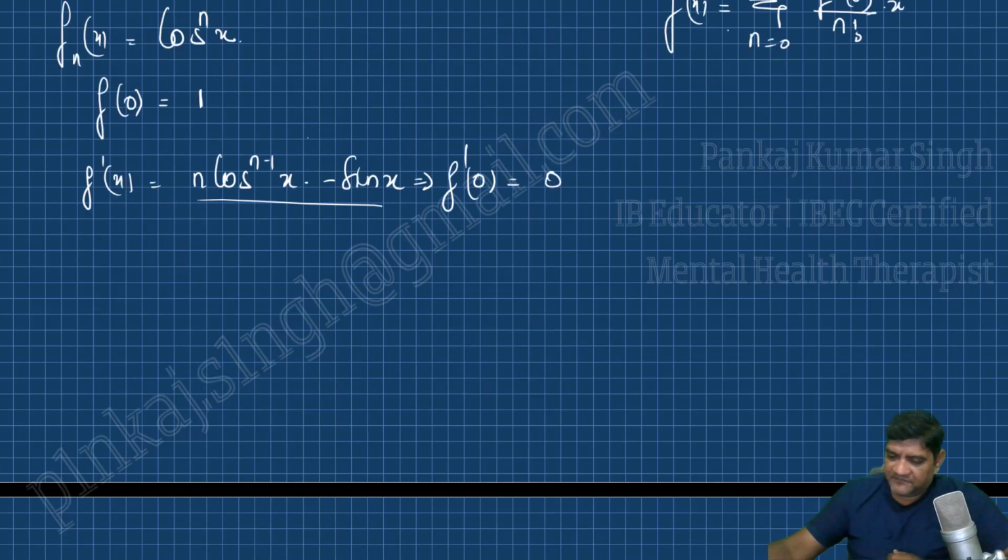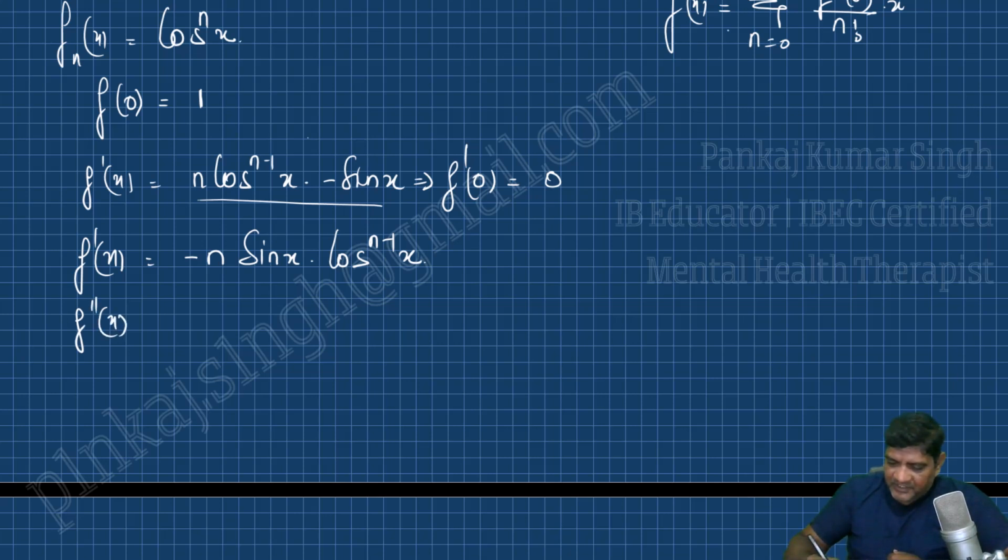Let's double differentiate the function. So f dash of x is minus n sin x into cos to the power of n minus 1 x. f double dash of x is going to be equal to minus n taken common out. I'm going to be applying the u into v rule. So that's u, differentiation of v into minus sin x, plus v.